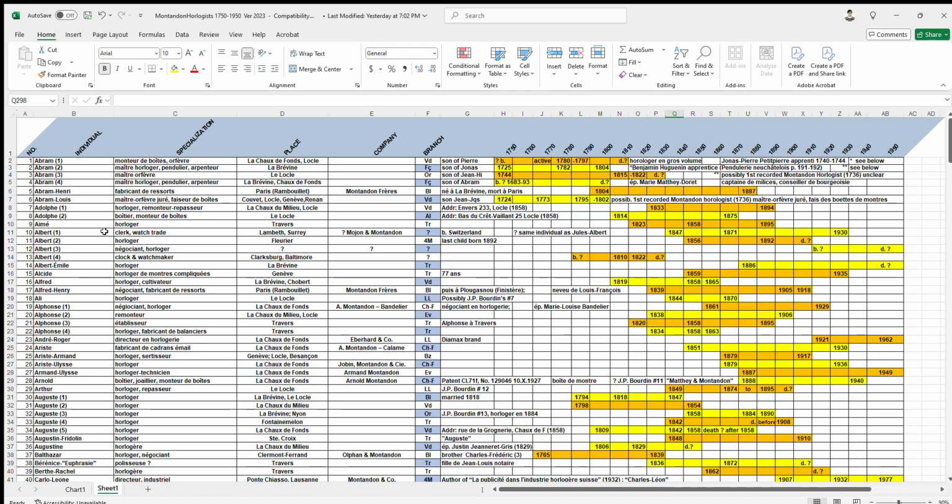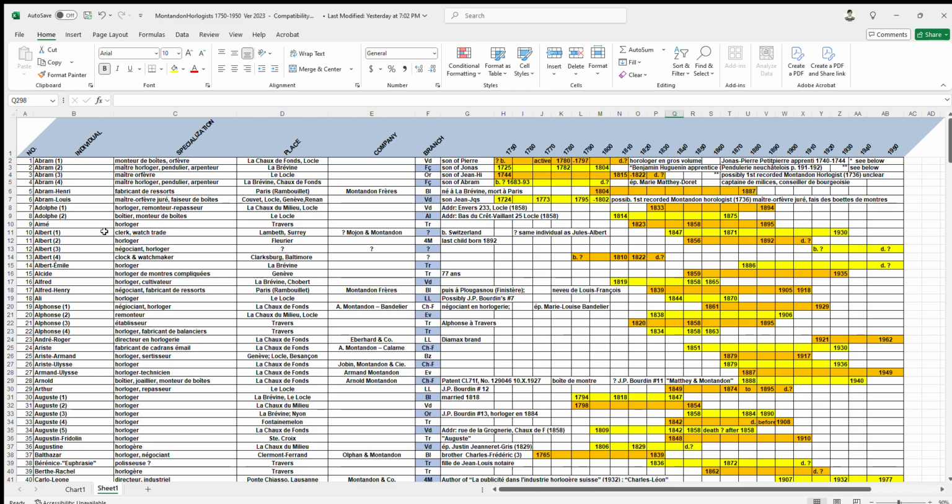Oftentimes the genealogical people who file on these genealogical resources do not even have the full information. They do not have the death dates, etc. But I have managed to locate these in many of these cases and fill out the information.